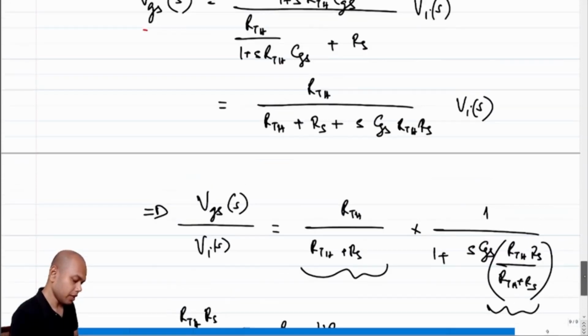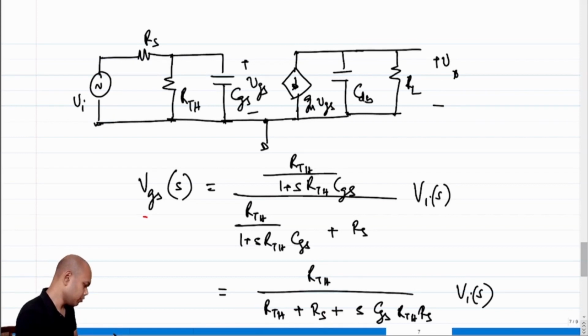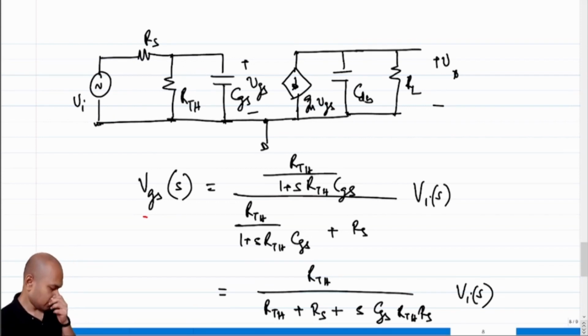So where do you see a parallel combination of RTH and RS, and how does it come about here? If you stare at this input loop, what is the time constant associated with the capacitance CGS?